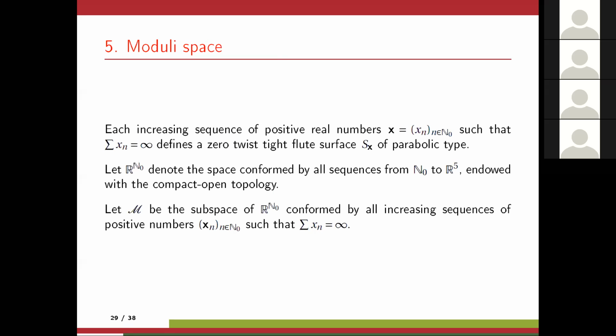Now we can consider the space of all sequences from the positive integers to the real numbers endowed with the compact open topology. In this space, we consider the subspace M formed by all increasing sequences of positive numbers whose series diverges.